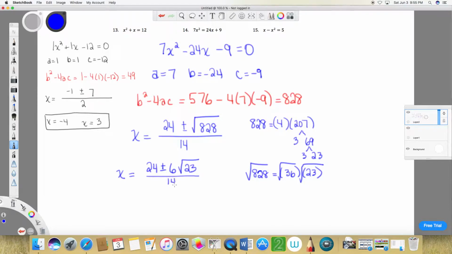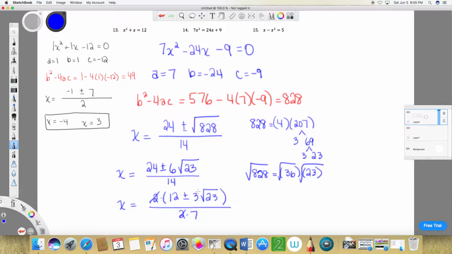Now, we see that these two terms in the numerator are even numbers that we can factor out a 2 from. 2 times 12 is 24. 2 times 3 is 6. And in number 14 here, I can write it as 2 times 7. So since this is multiplication, these common factors cancel. They divide to 1. Be careful.